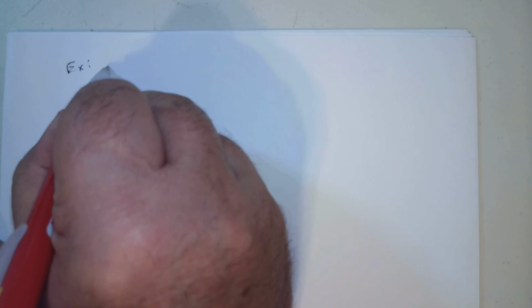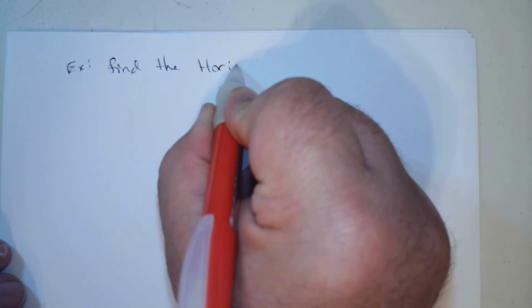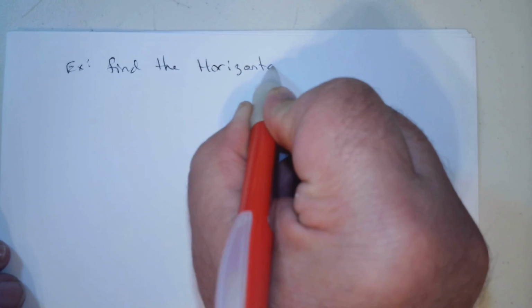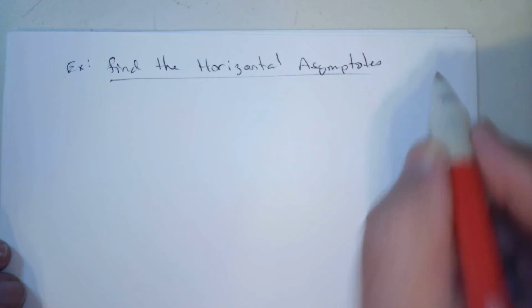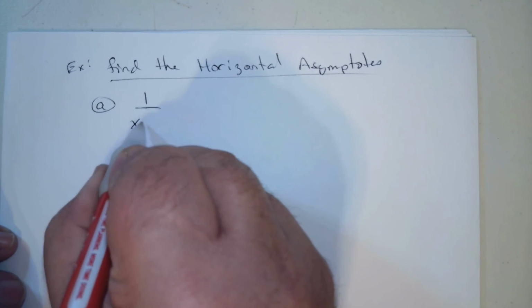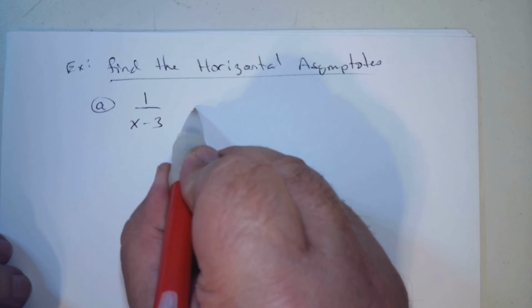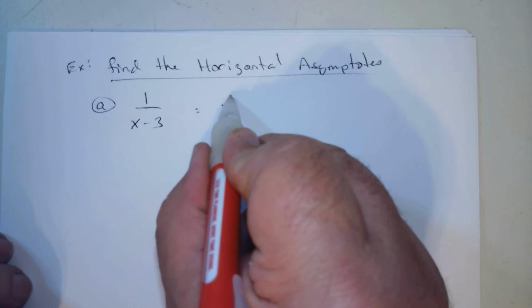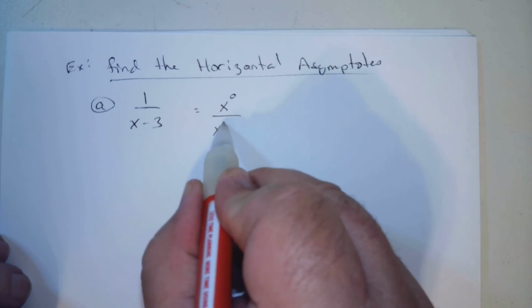All right, let's look at some examples here. Find the horizontal asymptotes. The first one, 1 over x minus 3. The top one, since there is none, it's x to the 0. On the bottom, it's x to the 1.